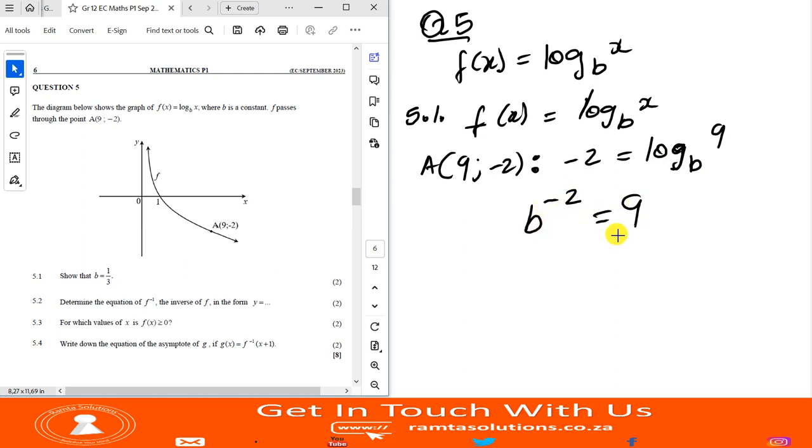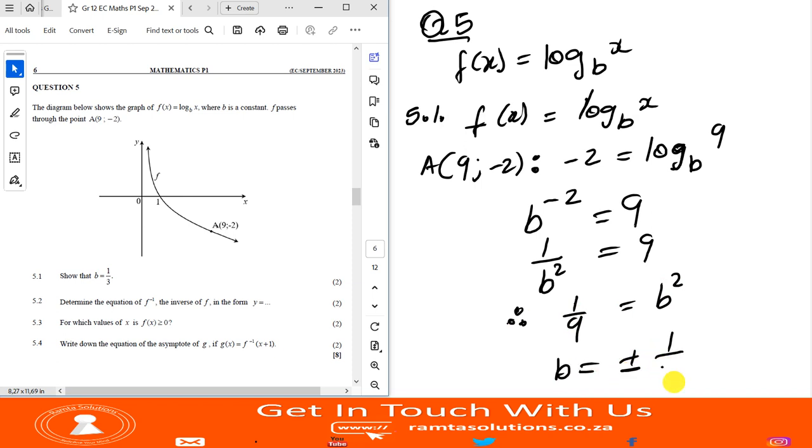That is to antilog. Of course, guys, you know that this is 1 over b² equals 9. It's the same as 1/9 equals b². And therefore you can say b equals plus minus 1/3.